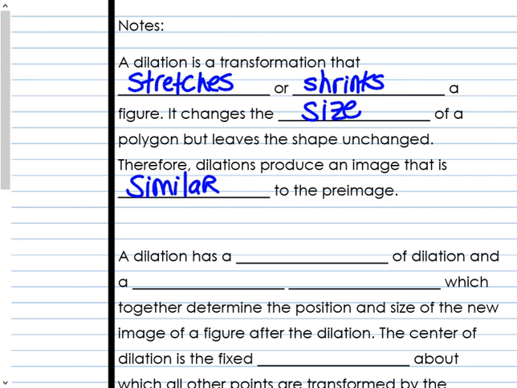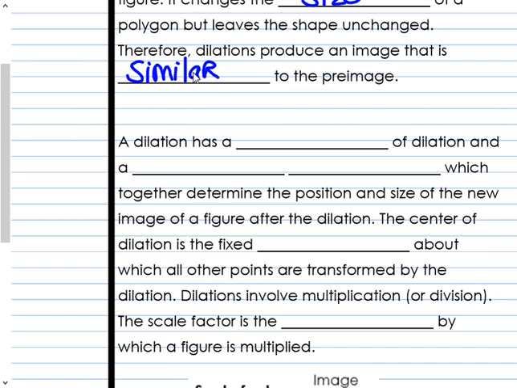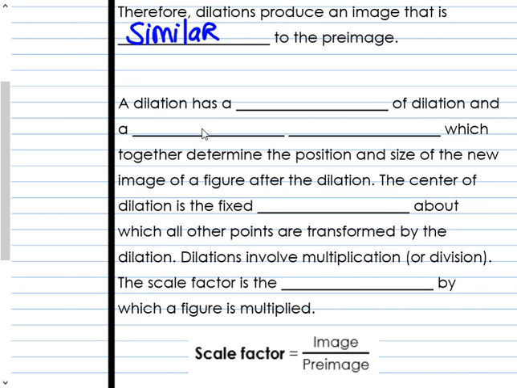A dilation has a center of dilation and a scale factor. That center of dilation and scale factor together determine the position and size of the new image of a figure after the dilation.